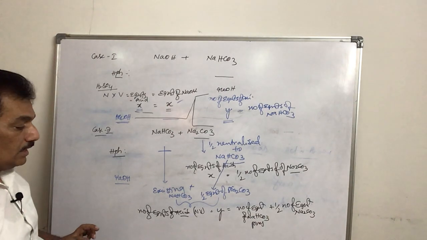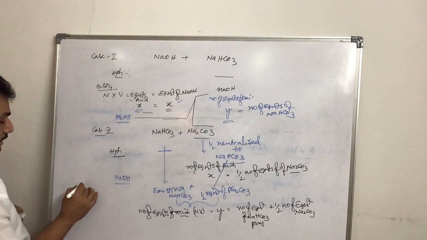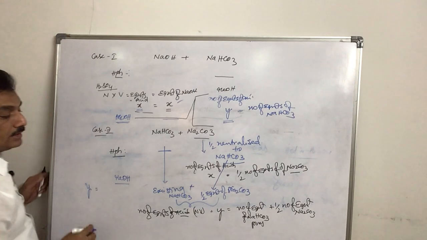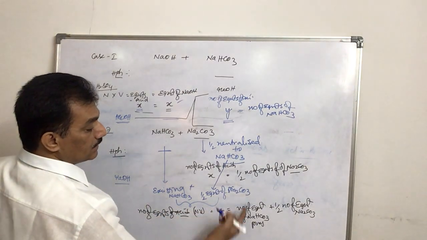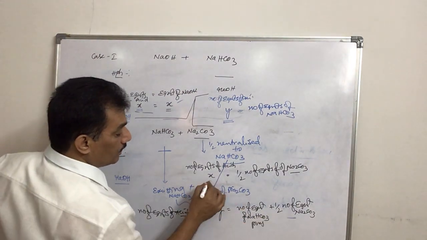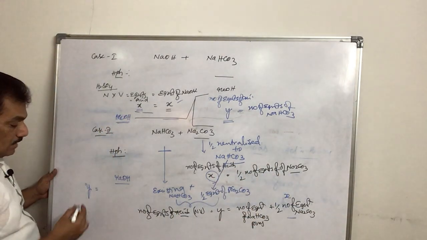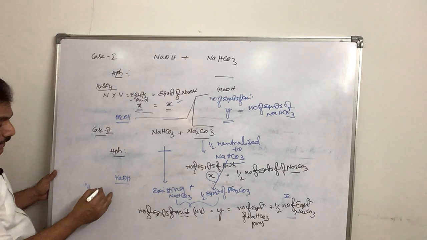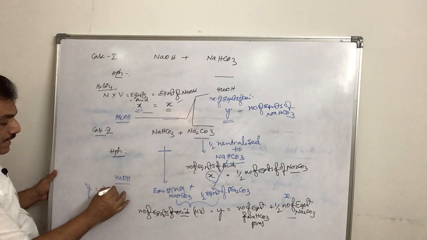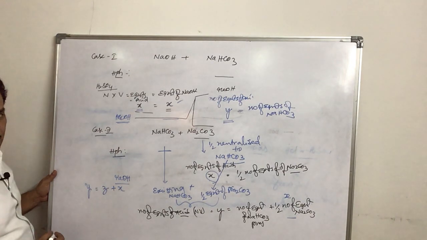Are you following this? That means Y is, as we already calculated, X plus some Z. Let us consider it like this.